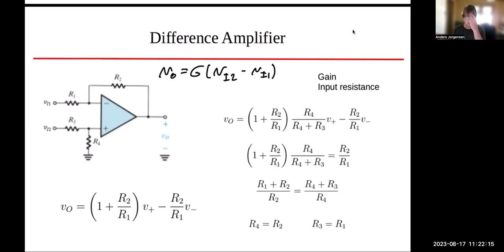Okay, so how do we work this out? There's two voltages. We can do a very careful analysis of this, but perhaps what makes more sense is to use superposition. In superposition, we turn on one source at a time. So let's start by turning on VI2, and leaving VI1 off. That means that the point VI1 here is connected to ground.